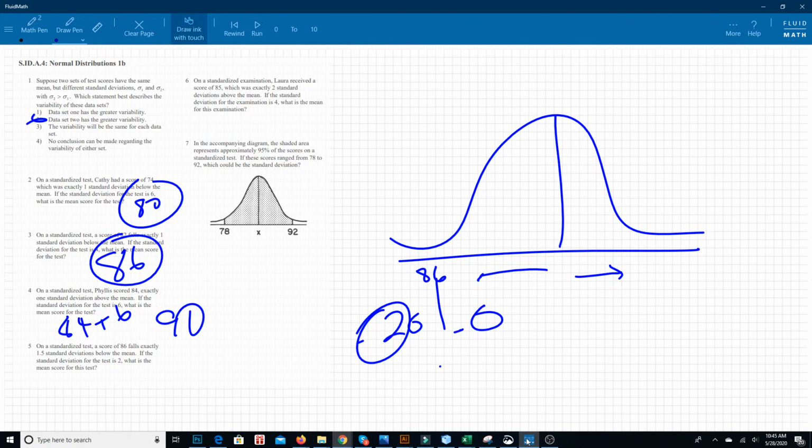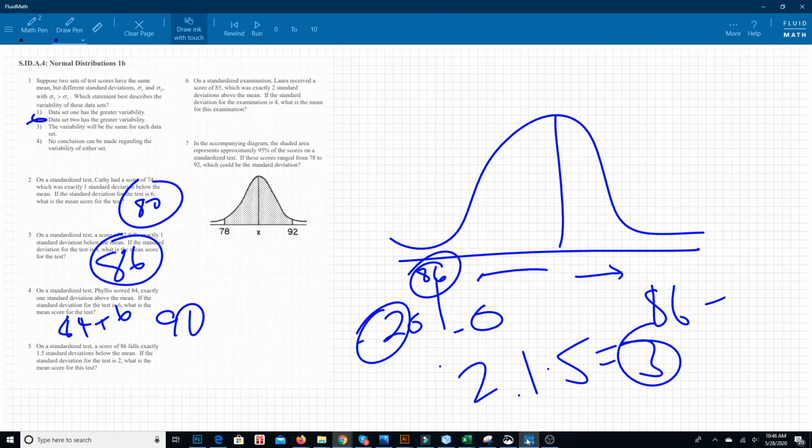So that means the normal distance from the mean in this case would be 3. So it's 2 times 1.5. I'm going to add that to this right here. 86 plus 3 is going to equal 89.